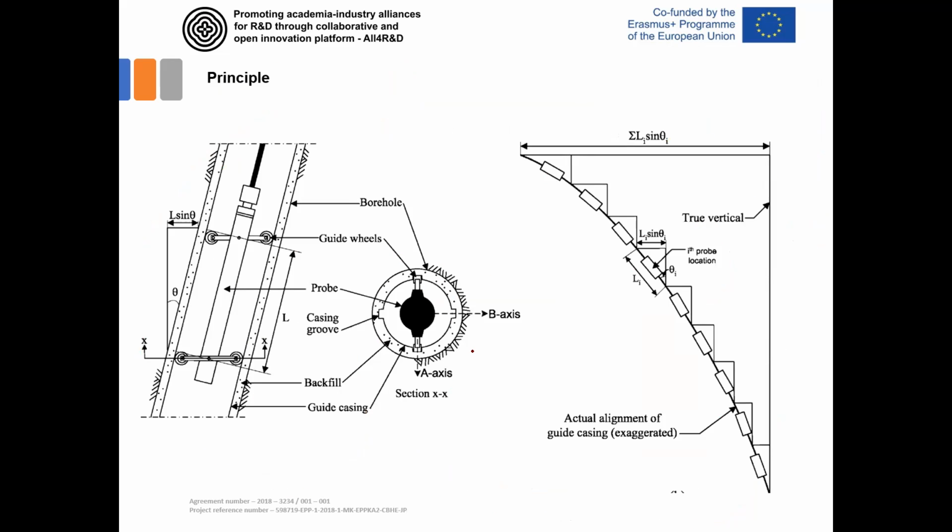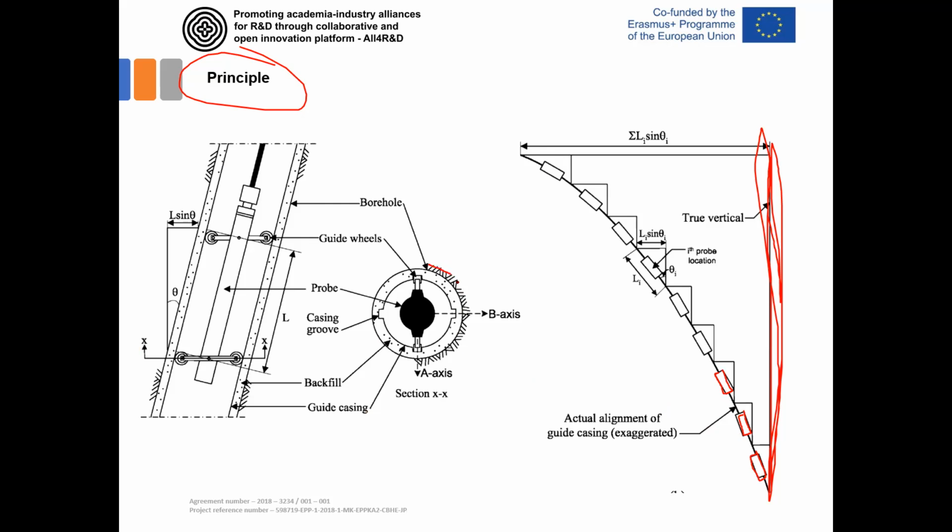So here is some additional information on the main principle of this inclinometer. If this is the initial measurement that we can define as a vertical line, then we have some additional measurements, and we measure by the probe, getting the information on the readout unit that is connected with the probe by a cable: what's the new position of this probe at different depths?